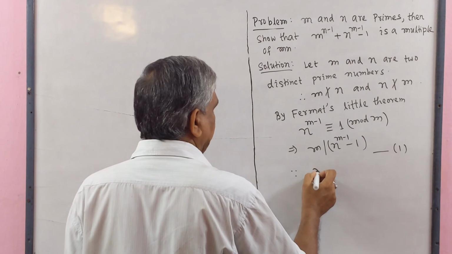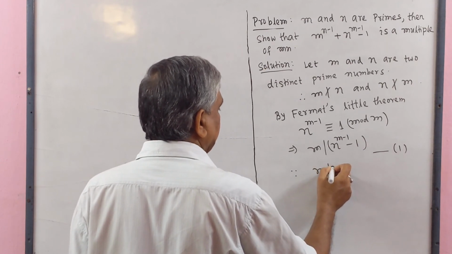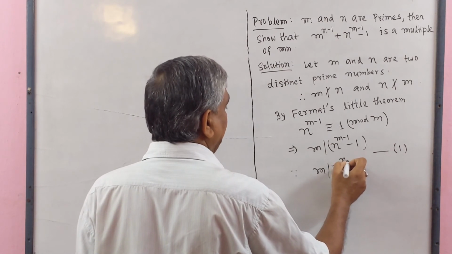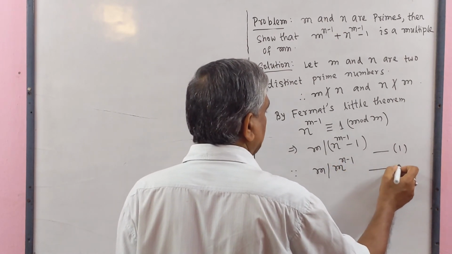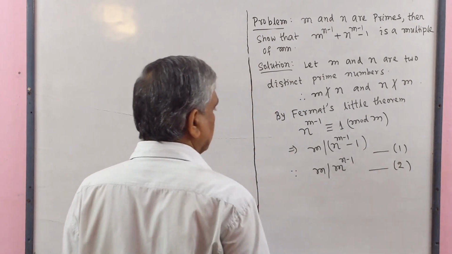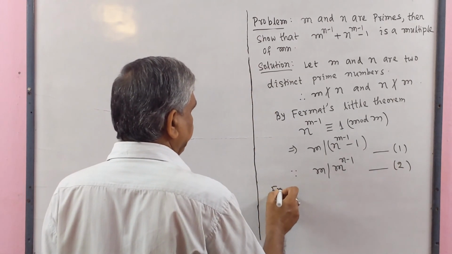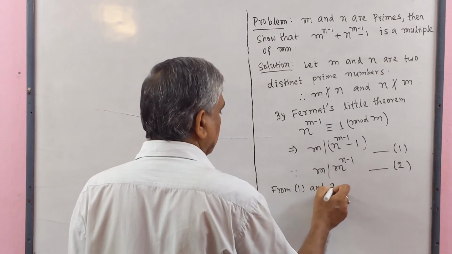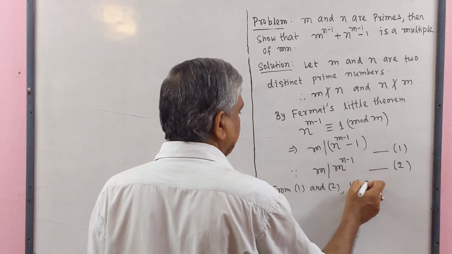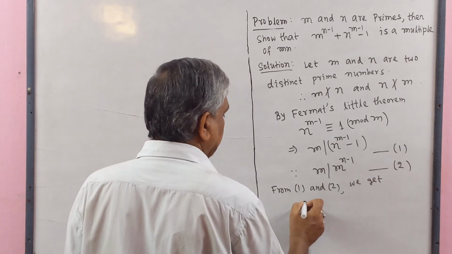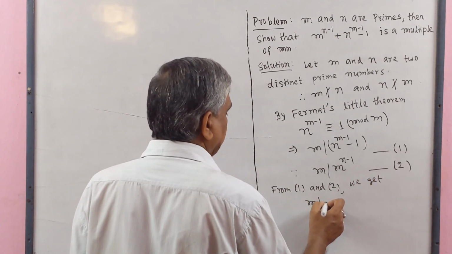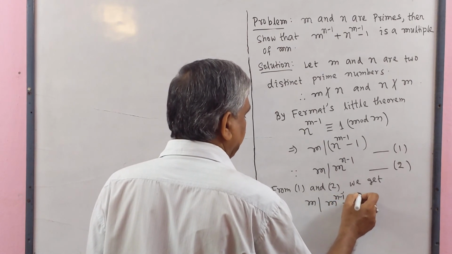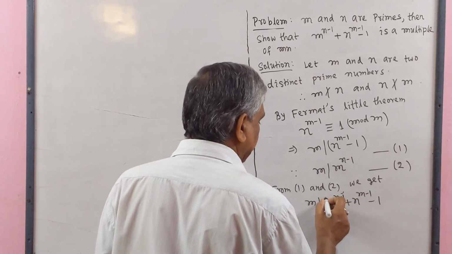Since m divides m to the power n minus 1, this is number 2. From 1 and 2, we get m divides m to the power n minus 1 plus n to the power m minus 1 minus 1.